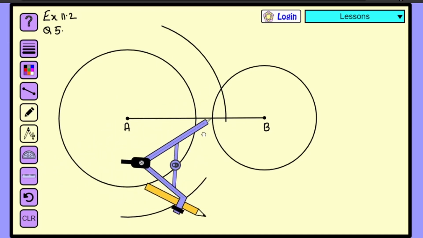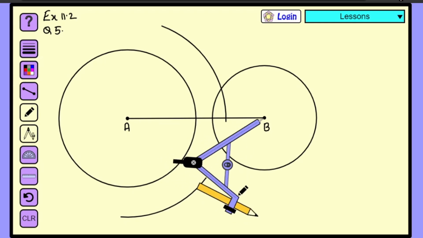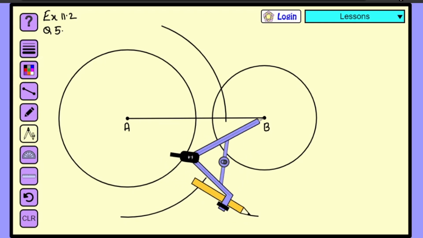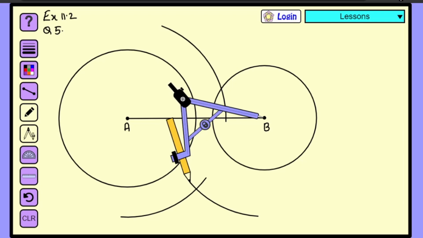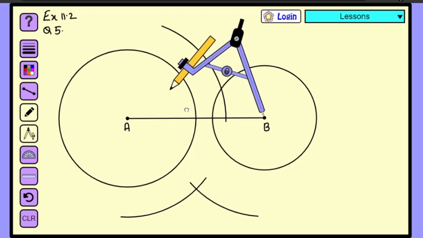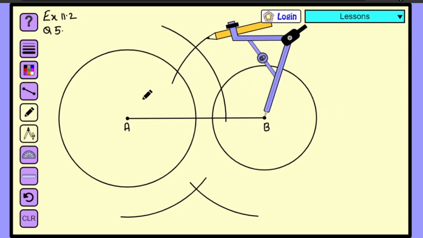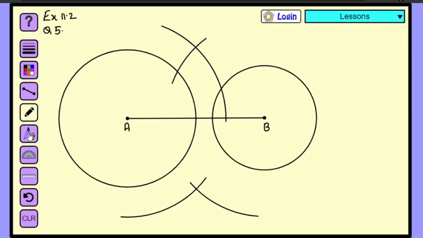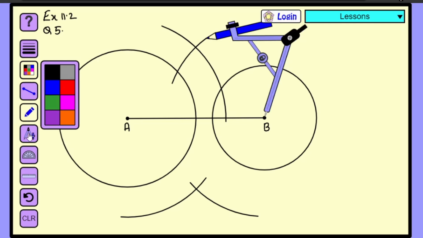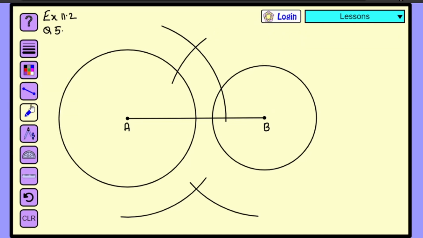Using the same radius, from point B also we construct arcs. These two arcs intersect at two points, and I join those two points.